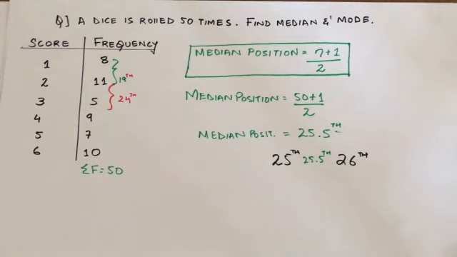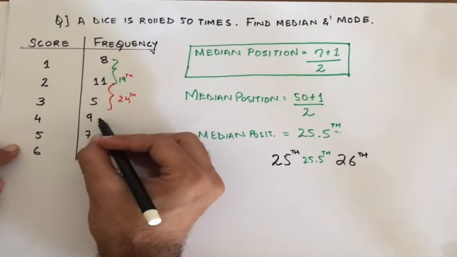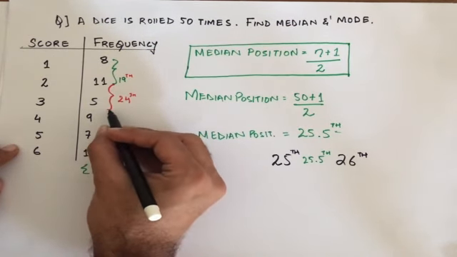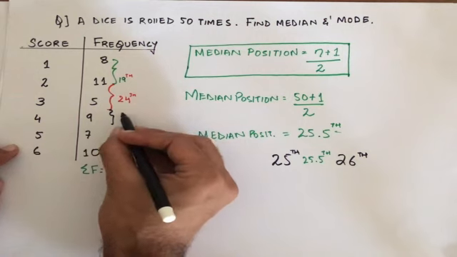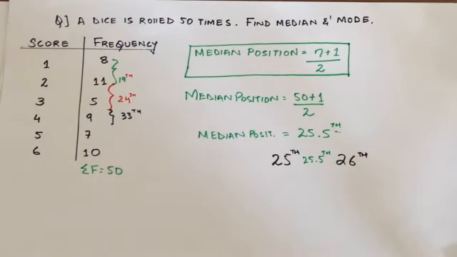So you see the 25th, and if you see 24 and again 9 would give you all the way up to 33rd position.